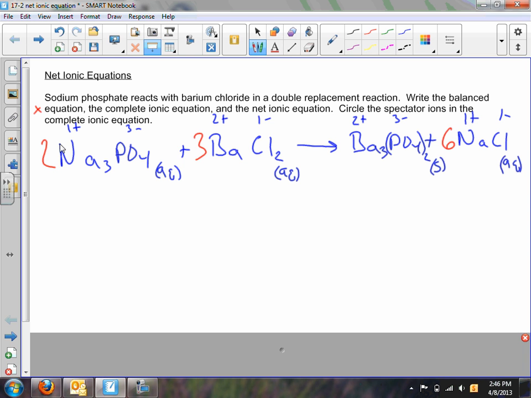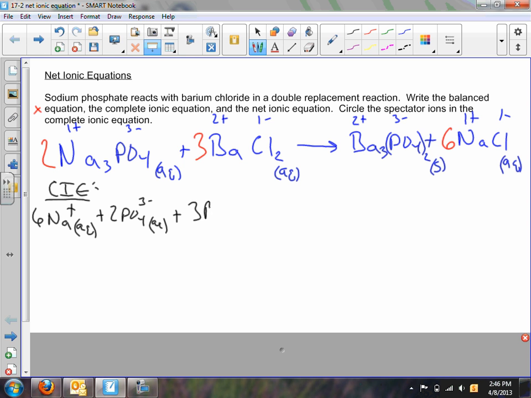To write the complete ionic equation, all you do is simply break apart anything that is an ion and write it as such. So everything aqueous you want to write as ions. This first one is aqueous, so I really have 2 times 3, 6 Na plus aqueous ions, and I have 2 phosphate 3 minus ions.